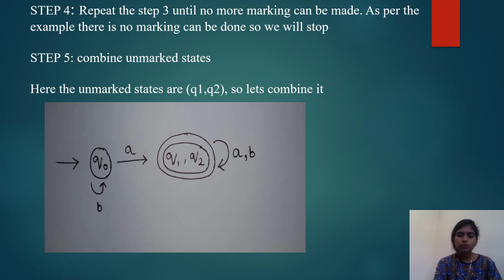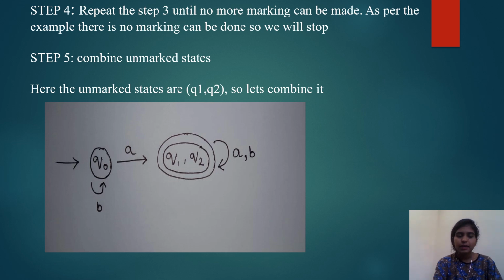And how to minimize the DFA? The two popular methods for minimizing the DFA are the equivalence theorem and the table filling method. Minimization of DFA using the equivalence theorem.